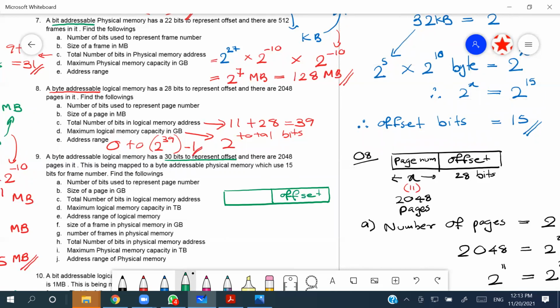So offset, there are 30 bits. And there are 2048 pages in it. We don't know how many page bits there are, but it says there are 2048 pages. So let's take this as X. This is the logical address.